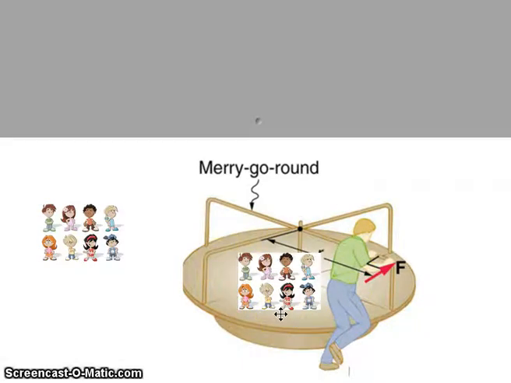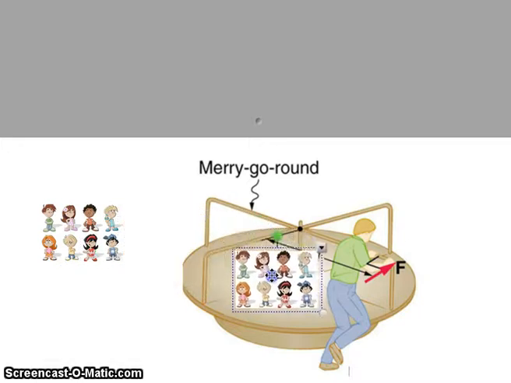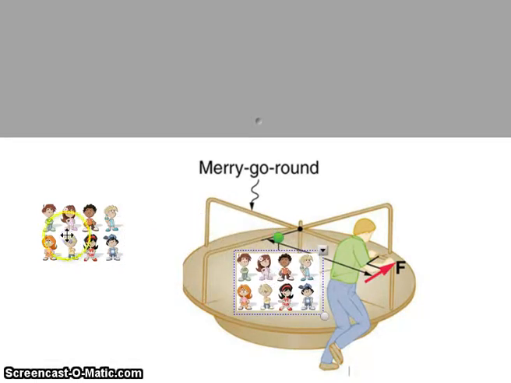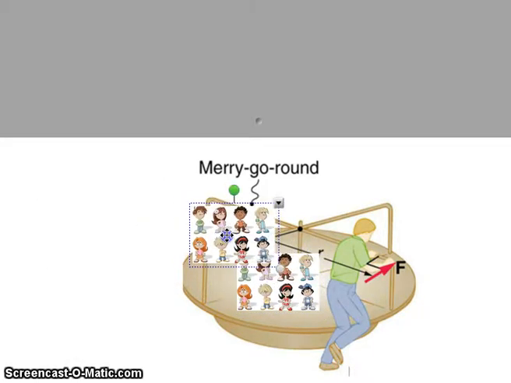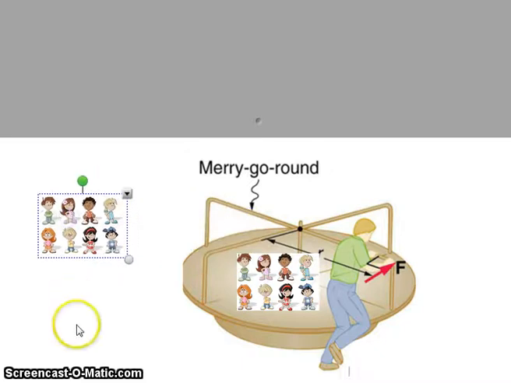What does it take to rotate that object? If we remove the kids, then the torque load is low. If we add the kids, then the torque load is higher. And if we add more kids, the torque load is going to be even greater. It's going to take a greater torque to rotate that merry-go-round.